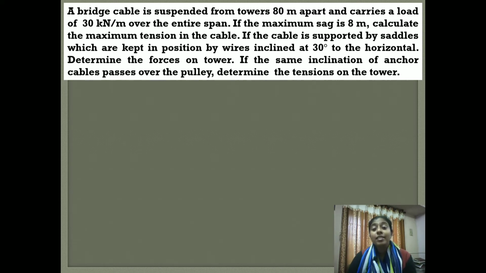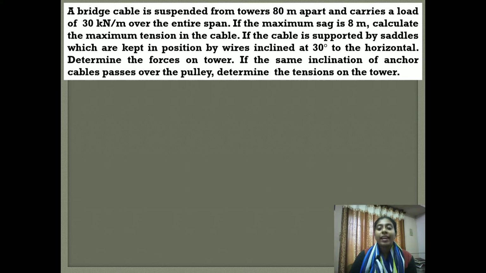If the maximum sag is 8 meter, calculate the maximum tension in the cable. If the cable is supported by saddles which are kept in position by wires inclined at 30 degree to the horizontal, determine the forces on the tower. If the same inclination of anchor cables passes over the pulley, determine the tensions on the tower.